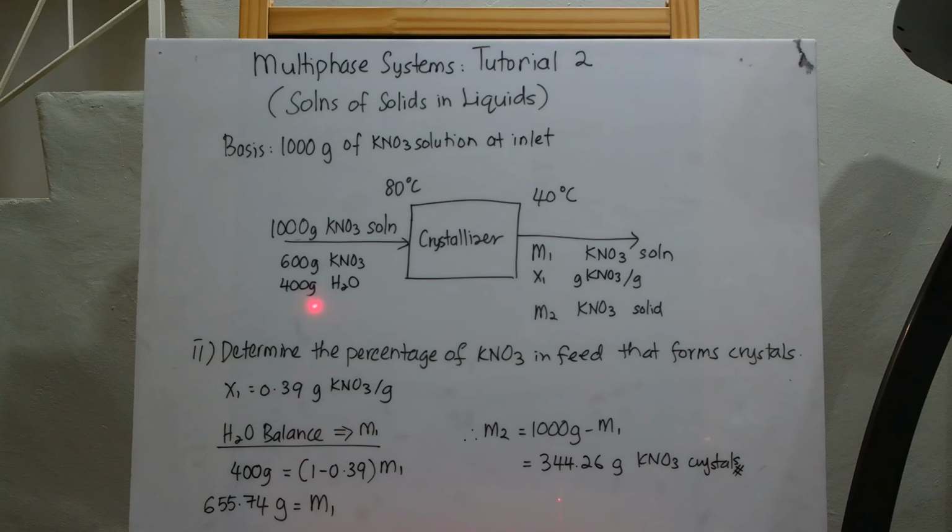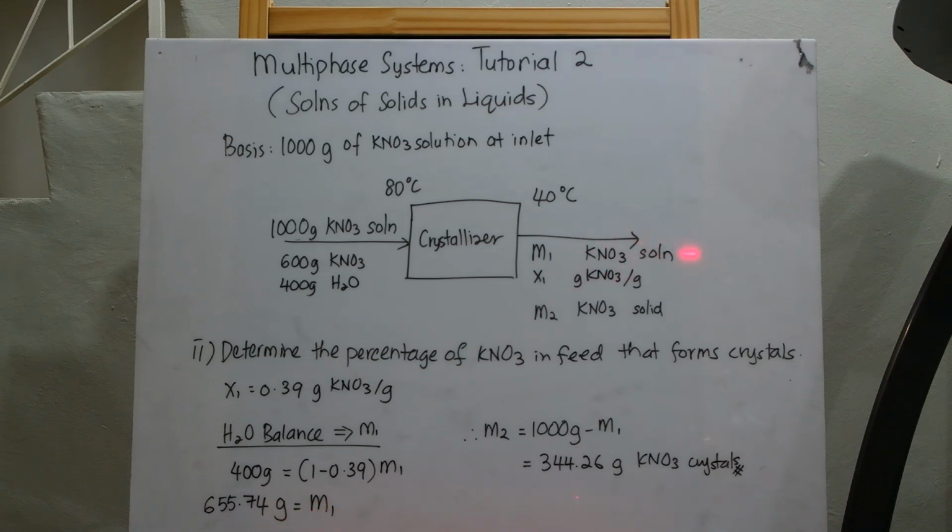H2O in is 400 gram, which equals (1 minus x1) times M1. From this equation you'll get the mass of the potassium nitrate solution. So the total mass M1 is 655.74 gram.